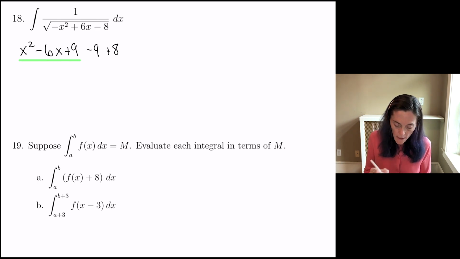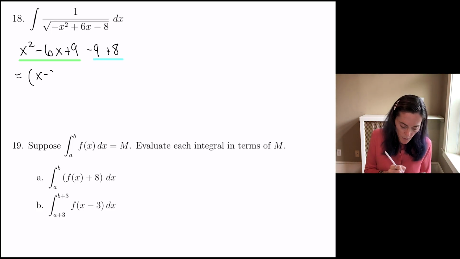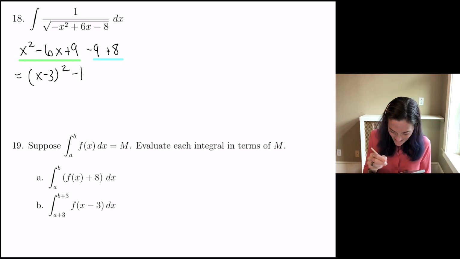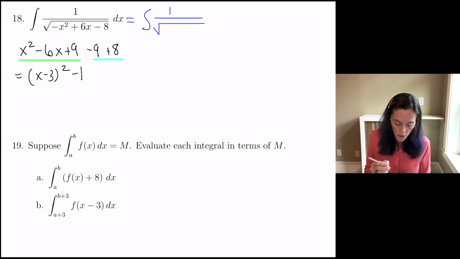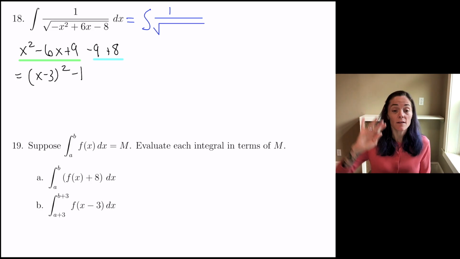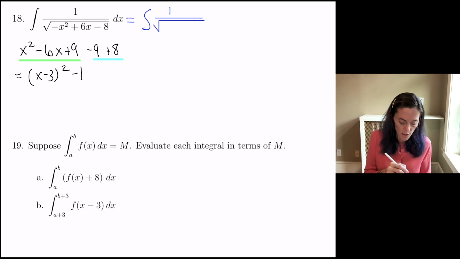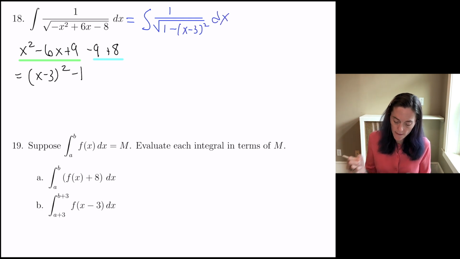This one gets green. This one gets blue. This one is x minus 3 squared. We have minus 1. Therefore, my integral is the integral 1 over square root. Now we have negative this quadratic underneath the radical. So this will be 1 minus x minus 3 squared dx.